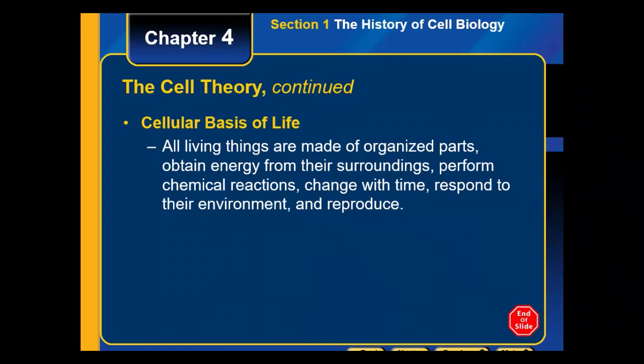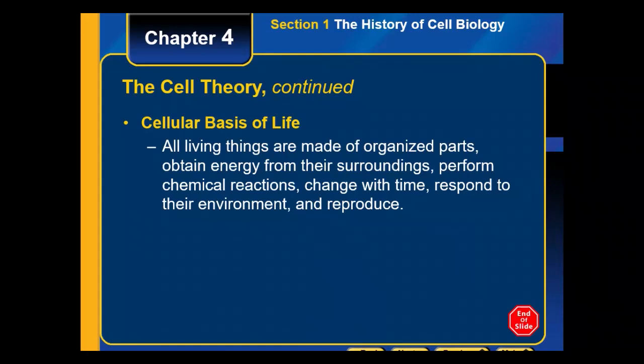Energy utilization. Living organisms acquire and utilize energy from their surroundings. This energy is necessary for carrying out various processes within cells, such as metabolism, growth, and reproduction. Chemical reactions. Cells are involved in a wide array of chemical reactions that enable them to carry out their essential functions.